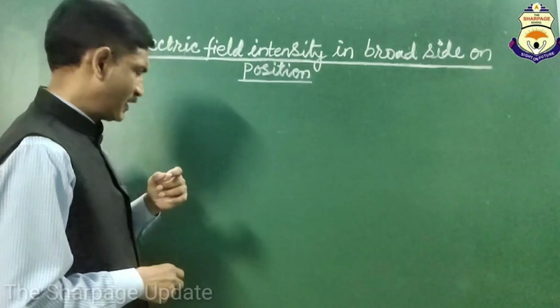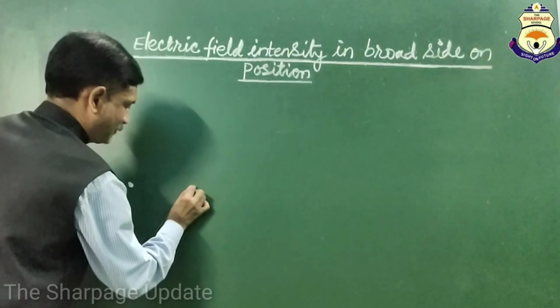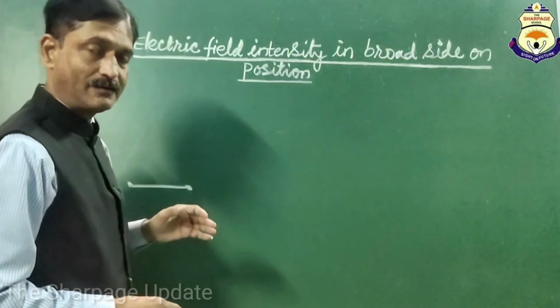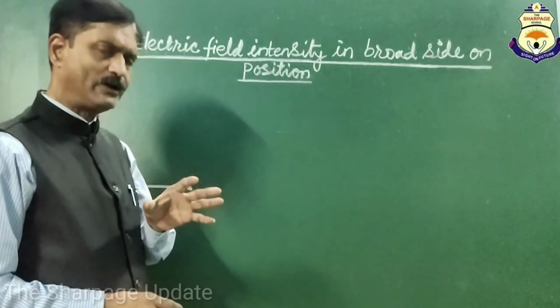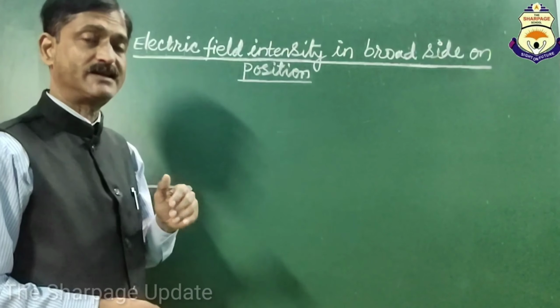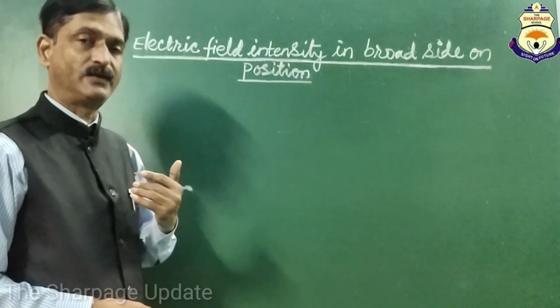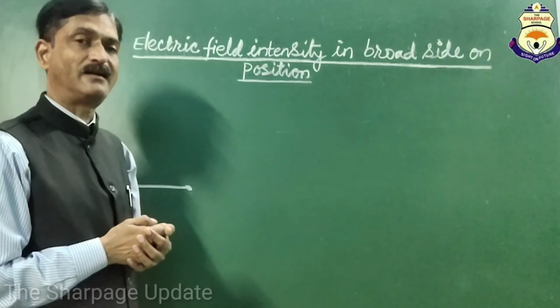First of all, if two charges are kept at a very small separation, meaning two equal and opposite charges, where the magnitude of the charges is equal but the polarity is opposite, one charge is positive and the other is negative, then this system is known as an electric dipole.